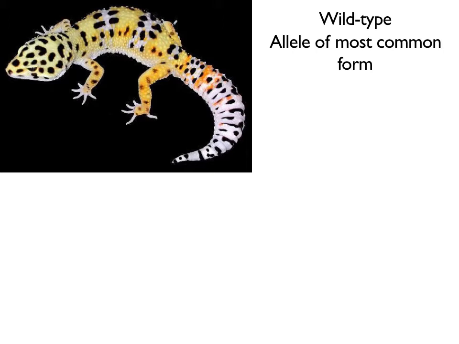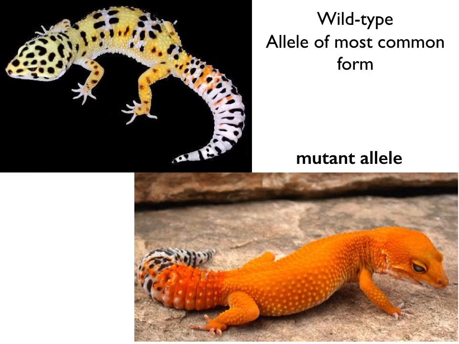But as people have kept these, they make fantastic pets, and bred them, they have selected for specific traits, rare alleles, and sought to increase the frequency of those rare alleles within the captive population, selectively breeding individuals that have those rare alleles, like the mutant allele that produces this bright orange coloration. And so now you can purchase a leopard gecko.